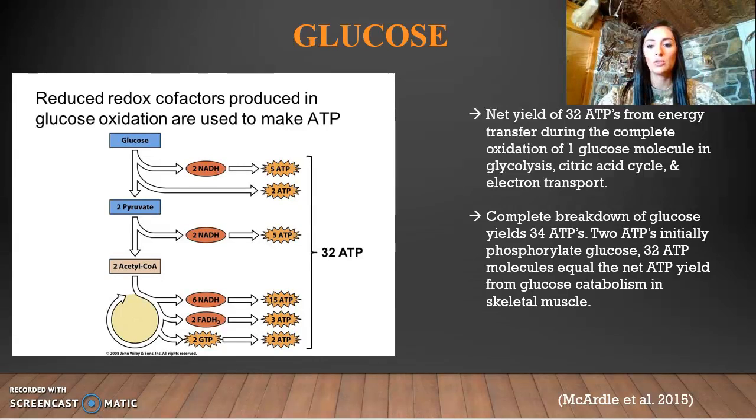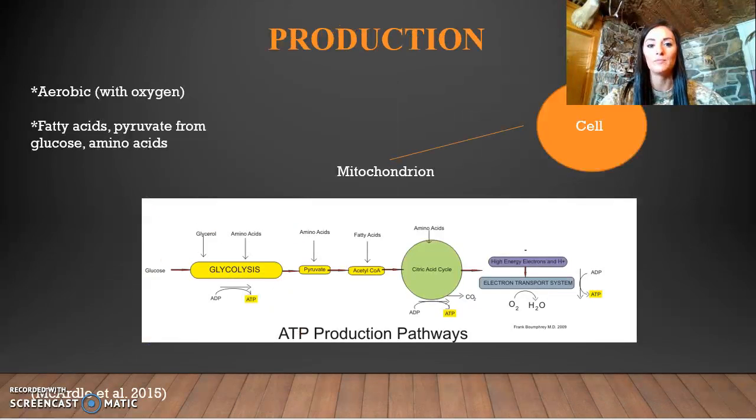Further looking into glucose, there's a net yield of 32 ATPs from energy transfer during the complete oxidation of one glucose molecule in glycolysis, the citric acid cycle, and electron transport. The complete breakdown of glucose yields 34 ATPs, but 2 of those ATPs are initially used to phosphorylate glucose. So 32 ATP molecules equals the net ATP yield from glucose catabolism in skeletal muscle.